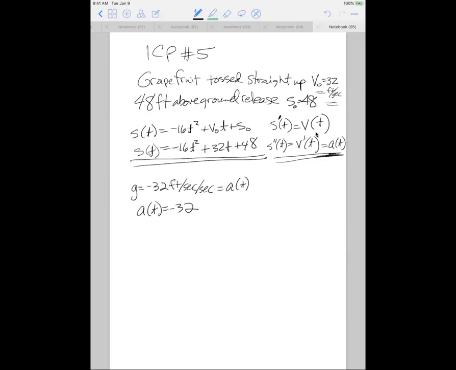The acceleration is the derivative of the velocity, so going in this direction, the velocity is the inverse. What is the antiderivative of negative 32? A constant. You attach the variable to it, right?